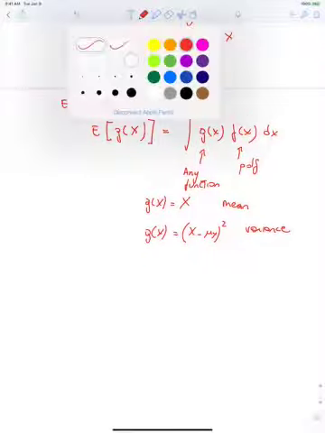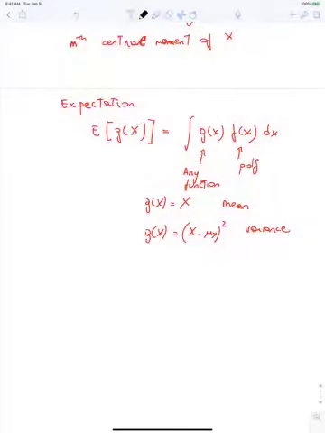Now, there's one important consequence from that, which is that the mean is a linear operation. So if you take the mean of the sum of random variables, it's the sum of the means.